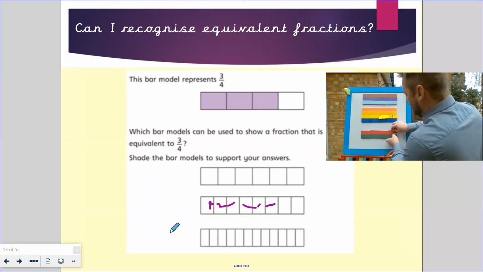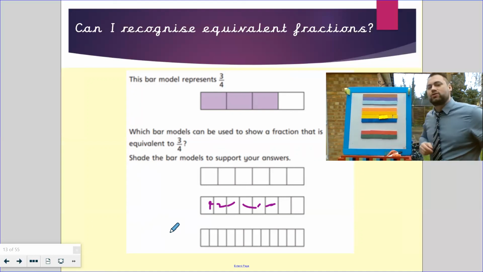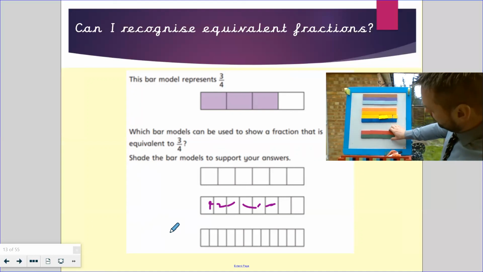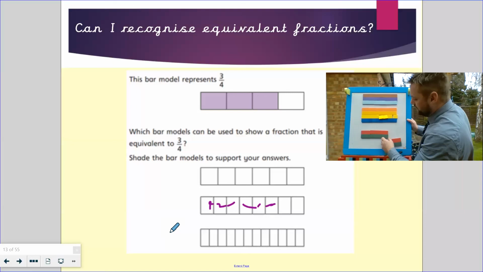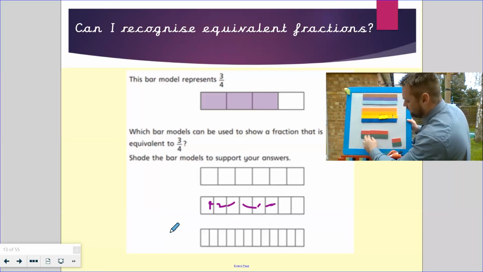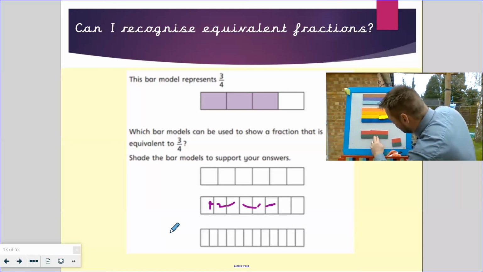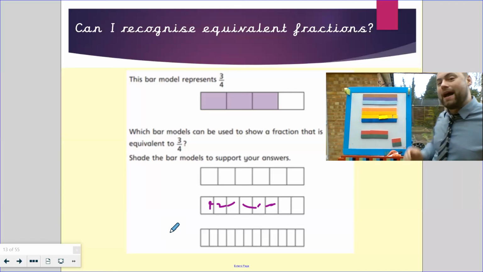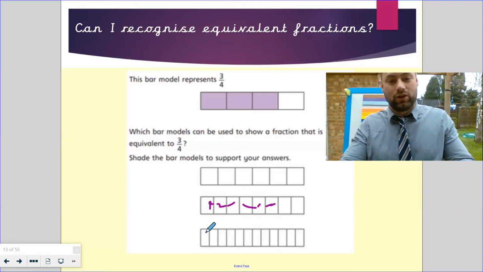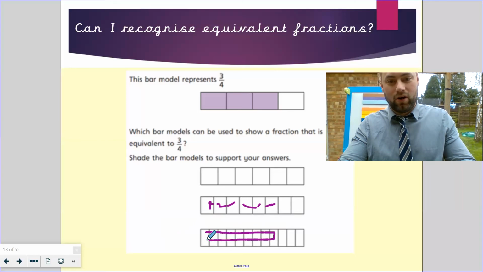So we can see that our 12s go into quarters exactly. We want to take away 1 quarter. How many 12s are we left with? 2, 4, 6, 8. And then add on 1 is 9. So you should shade in 9 of your boxes and tick that one.